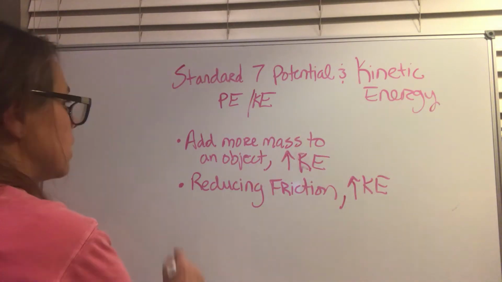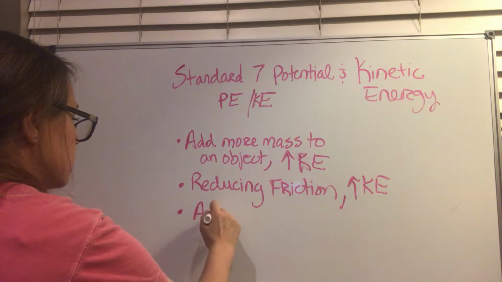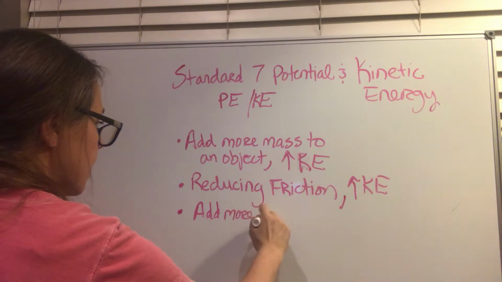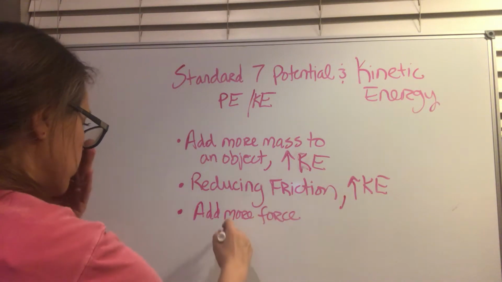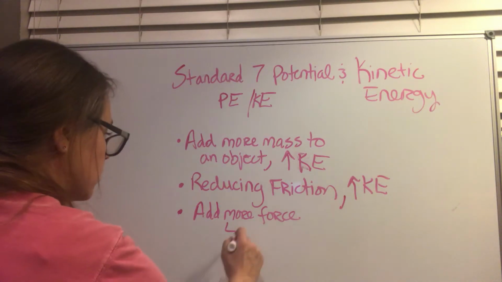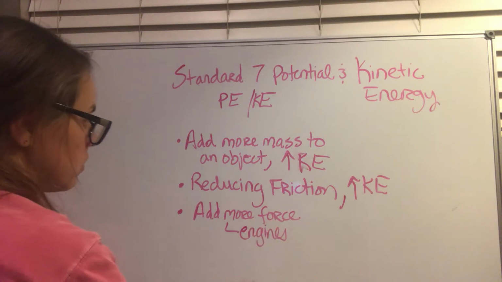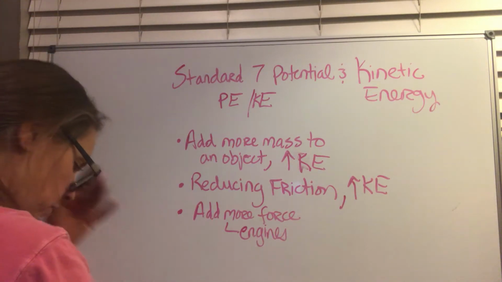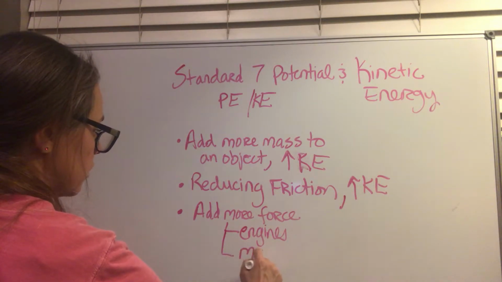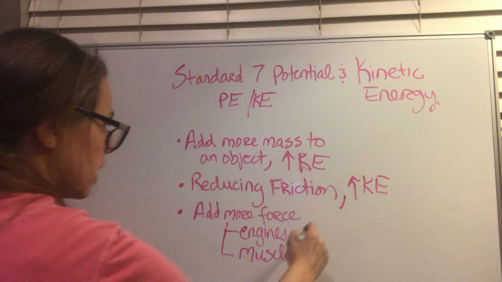Another way to increase kinetic energy is to add more force. And you can add force to a moving object with engines, like burning fossil fuels for engines, or you can just add your own muscle strength to it. Throw something harder, that's going to increase kinetic energy.